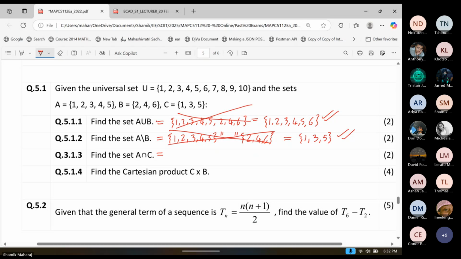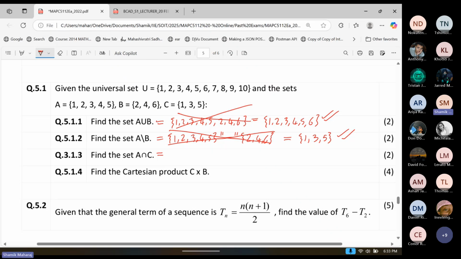Okay. Find the set in 3.1.3, find the set A intersect C. So this is an intersection, which means we find common elements between A and C. I'm trying to say that without sounding like a political party.